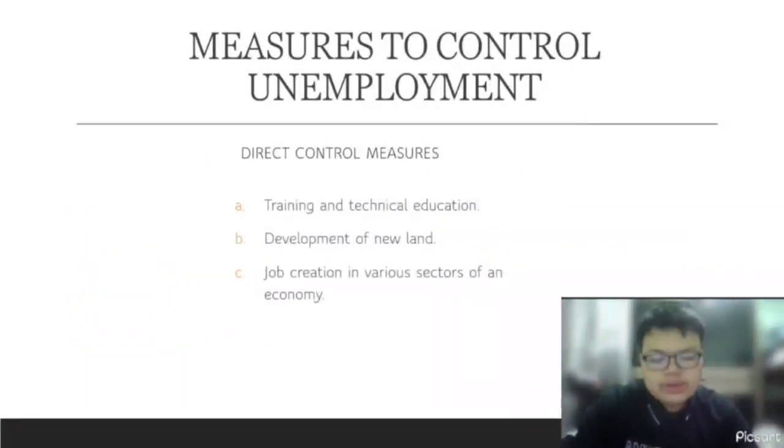And the third one, which is the last part of the measures to control unemployment, is direct control measures. In direct control measures, we have three. The first one is training and technical education.